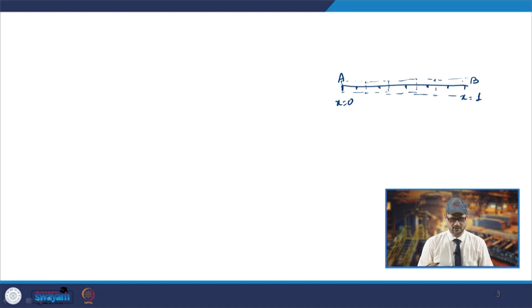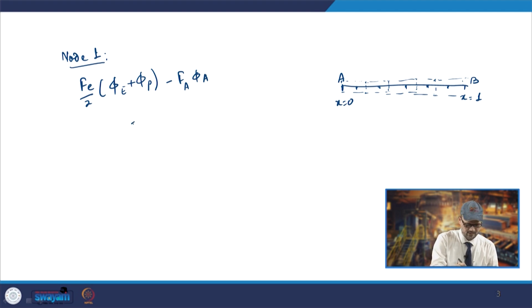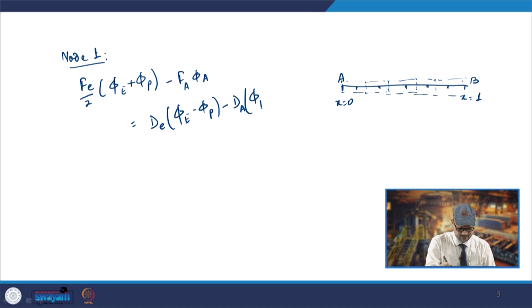So, if you take node 1, you will have the expression Fe by 2 into (phi e plus phi p), and on the other side you will have Fa phi a, which will be equal to the value at the east, phi e minus phi p, and then Da times (phi p minus phi a).